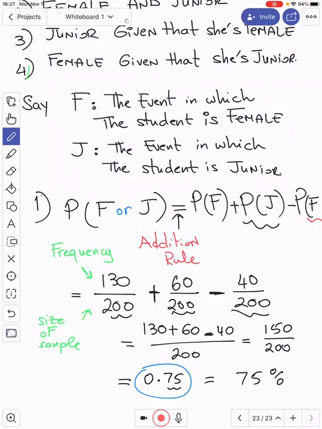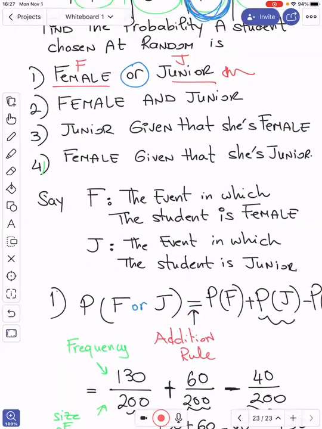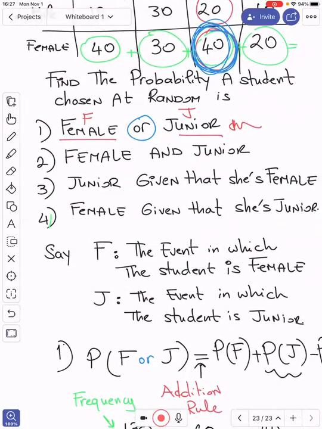All right, so now for number 2, find the probability that a student chosen at random is a female and junior. This is different from the previous question, of course, because now instead of or, we have and. So this student has to be a female and junior at the same time.